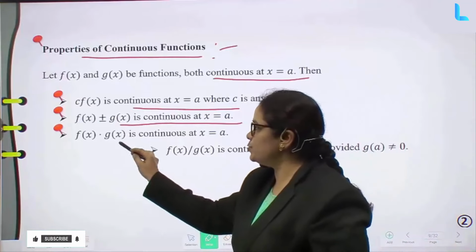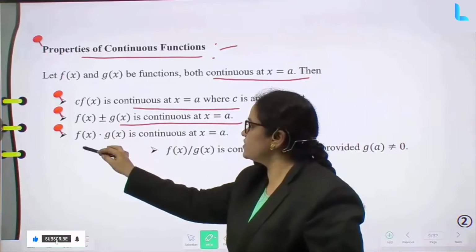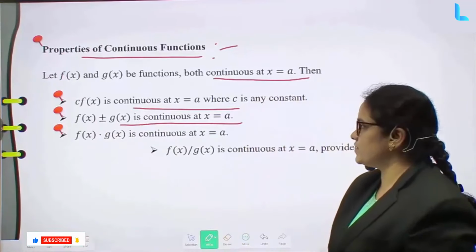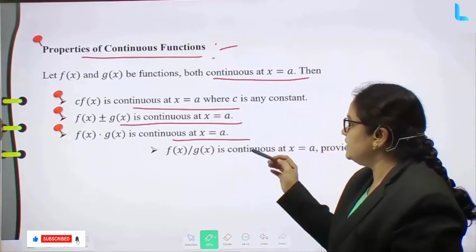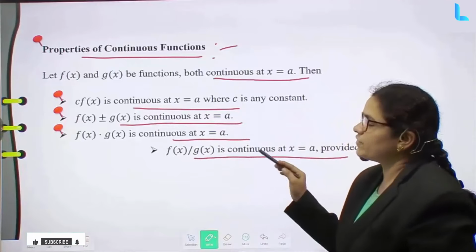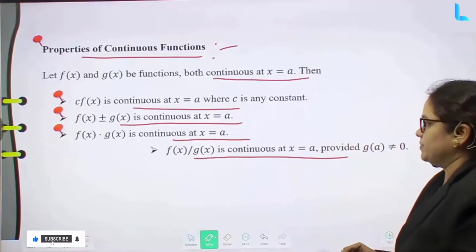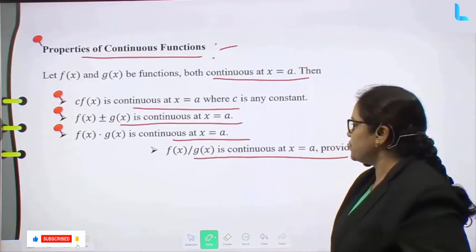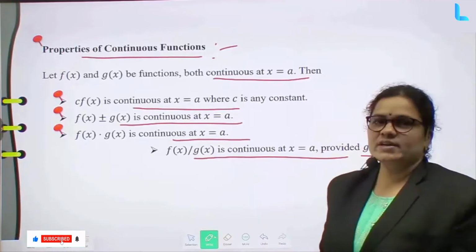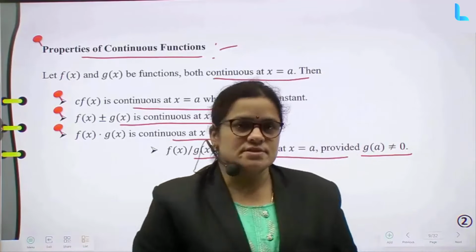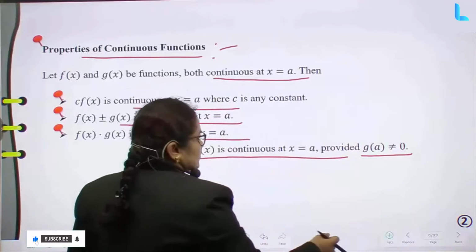The product f(x) into g(x) is also continuous at x equal to a. And division: these are the algebra properties of continuous functions. f(x) by g(x) is continuous at x equal to a provided g(a) is not equal to 0.